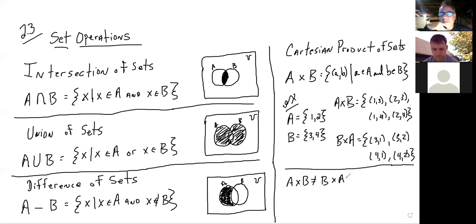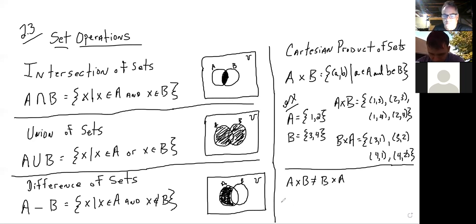But there is something common to both of these, and that is the number of ordered pairs I get. There are 4 ordered pairs here, so the cardinality of this set would be 4. There are 4 ordered pairs here too.